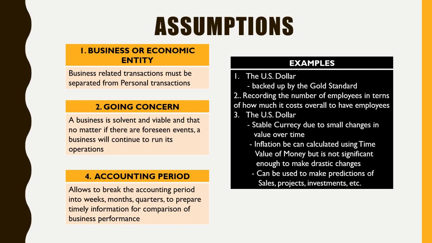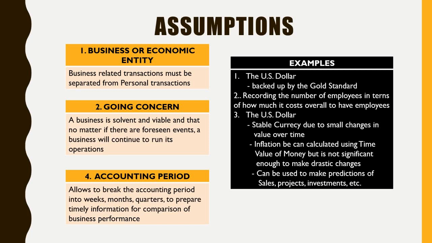So again, maybe 2025, that dollar is still going to be $1. In context, it's not like we're printing a dollar and a half. No, that dollar is going to retain its value as $1 over time. So that allows us to make predictions without having inflation involved.